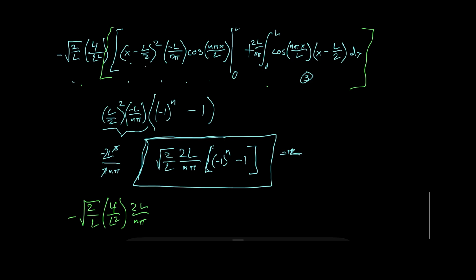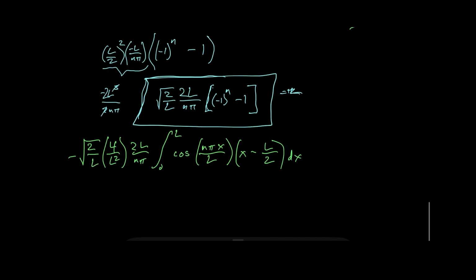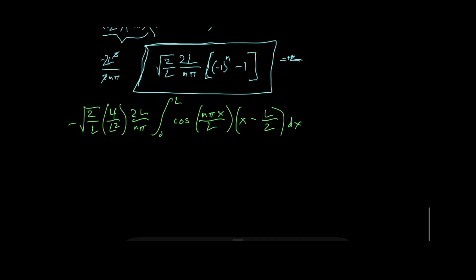Now I'll rewrite it. Integral of cosine n pi x over L times x minus L over 2. And I'm not going to break this up into 2. Since I have to do integration by parts anyway, I'm just going to do that right away. We have our u.